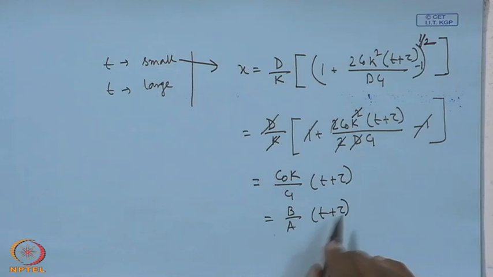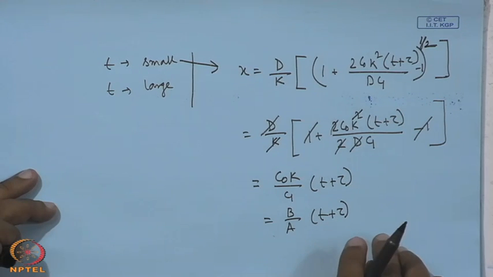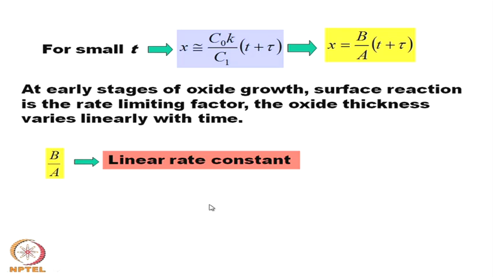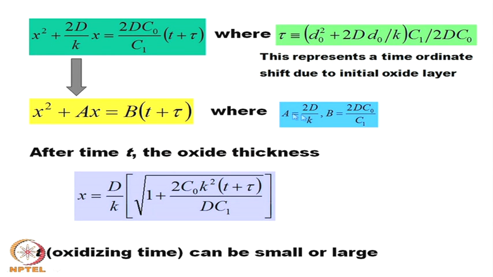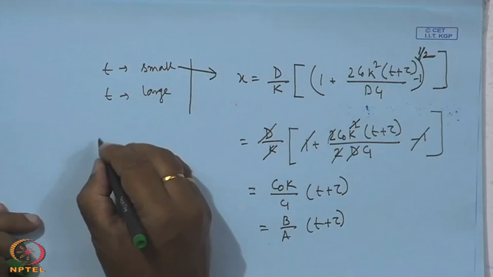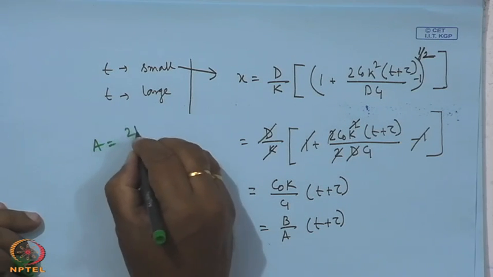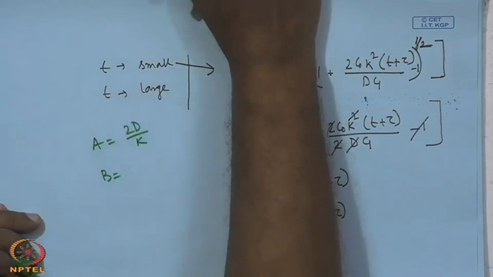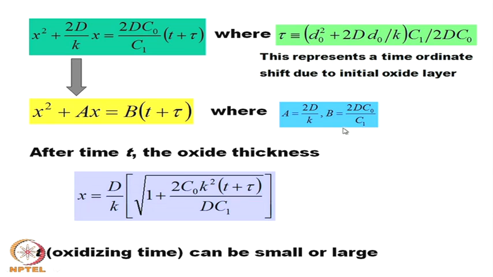Why? Because here we have considered what is the value of b and what is the value of a. The value of a we obtained as twice d by k, and b is twice d C 0 by C 1.